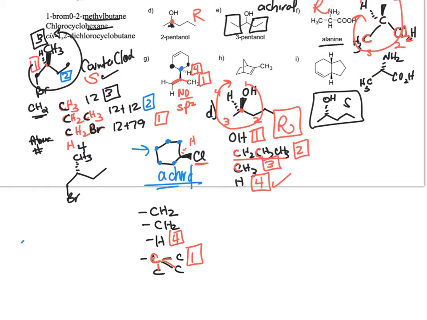So then you go to the next one. This is a CH2, and this is a carbon bonded to another carbon, bonded to another carbon, bonded to another carbon. So this would actually be number 2. Okay, so this whole side. So then this would be 3 over here. And then you would connect 1, 2, 3, 4, and that is clockwise.